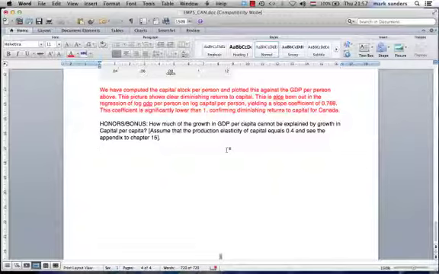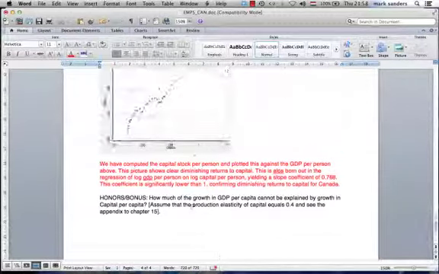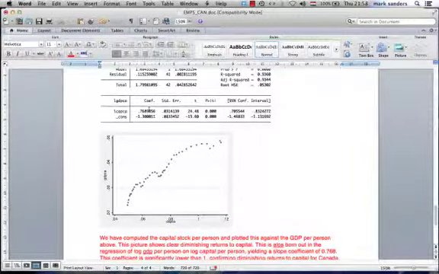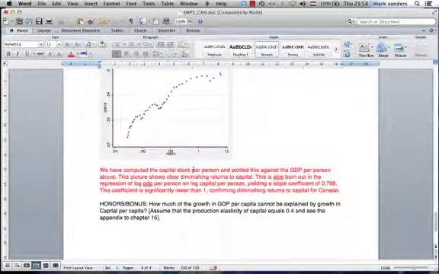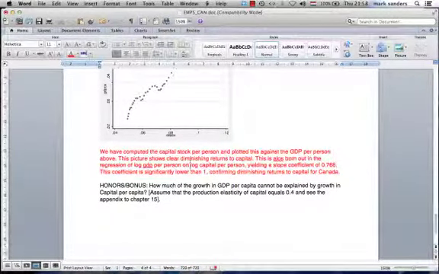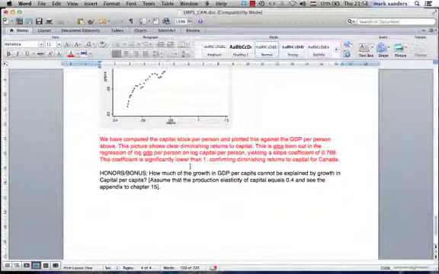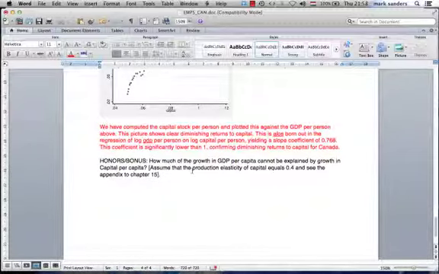Now, if you assume that this elasticity of capital equals 0.4, that's rather strange if you've just estimated that elasticity to be 0.76, but okay, if that's what the question wants us to do, then following the appendix in chapter 15 we need to compute the so-called growth residual or Solow residual.